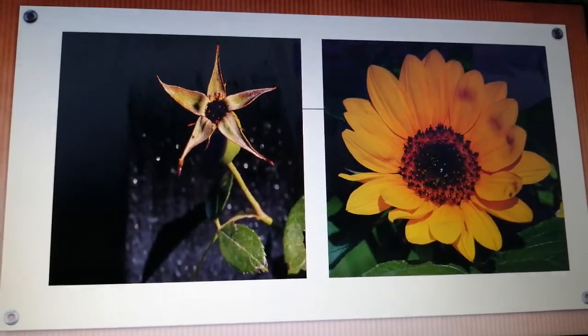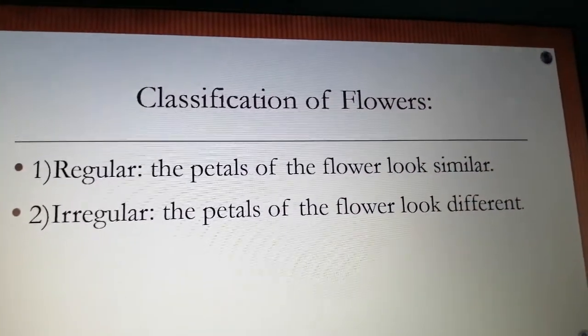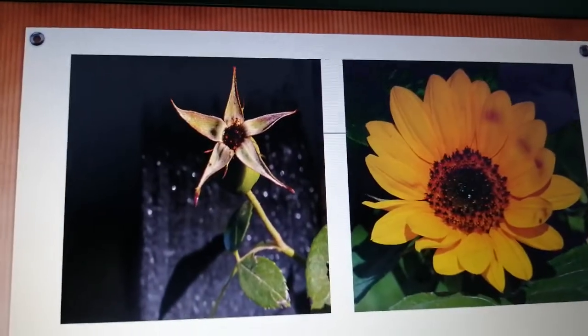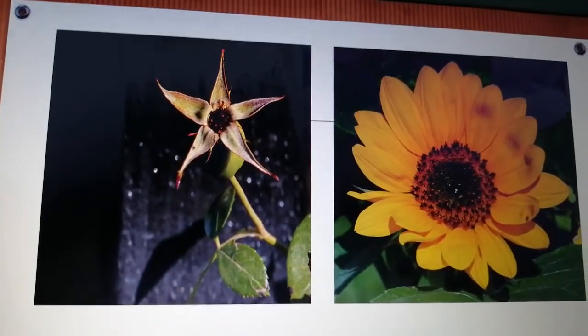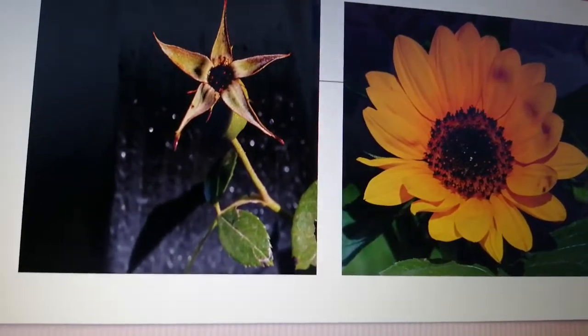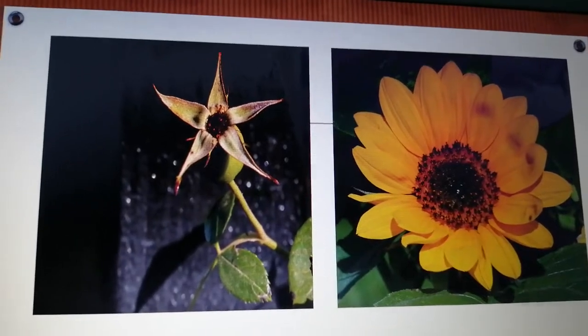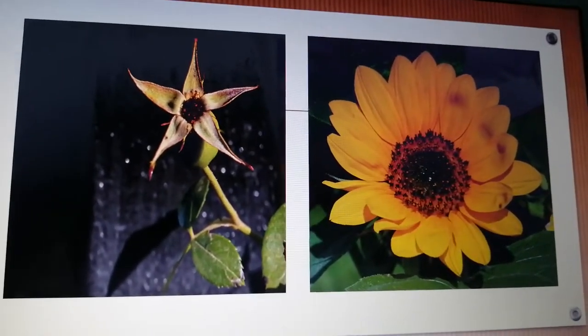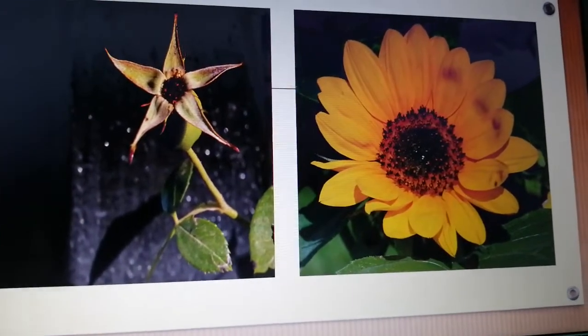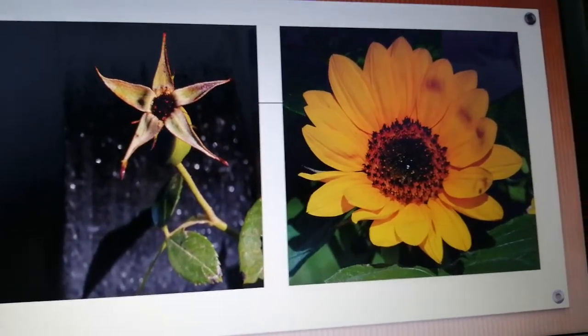So is it complete or incomplete? It is an incomplete flower, because it misses the petal. Whenever the flower misses one of its parts, we call it an incomplete flower, while the flower in the second picture has all its parts. So it is a complete flower.